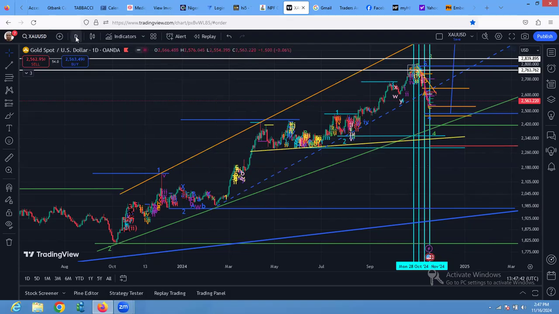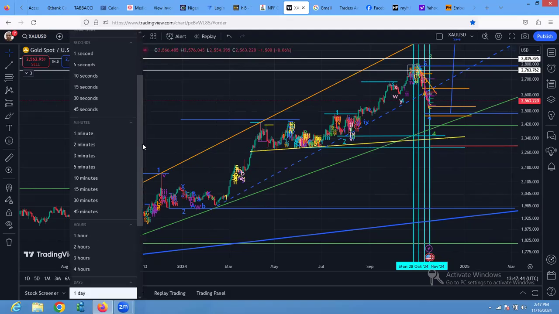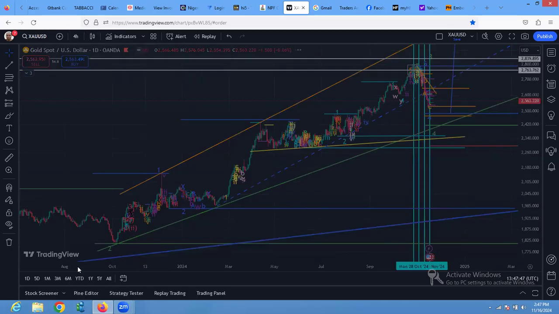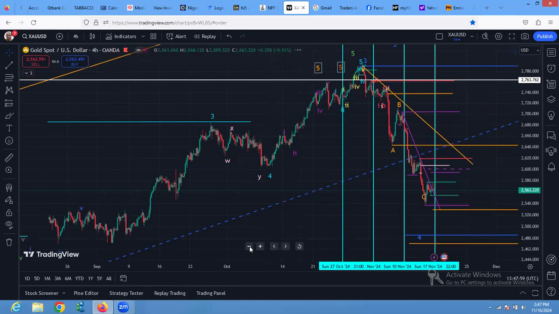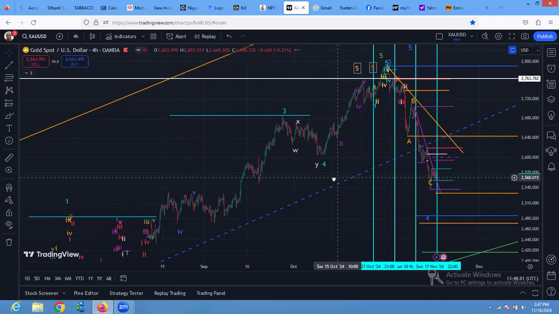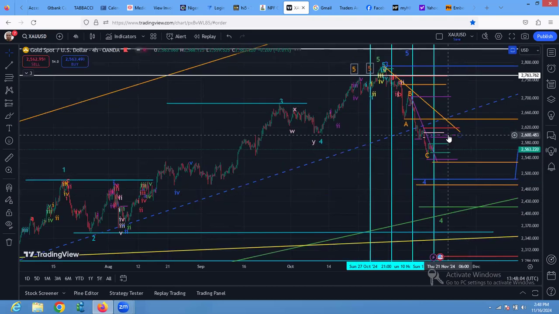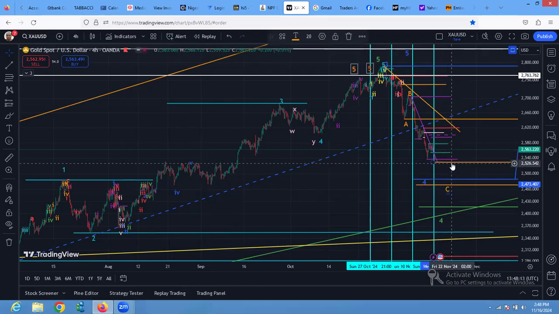But in the immediate, if we look at the 4-hour time frame, then we are saying that this area is 123 of the extension of AB to the C. We have broken 100, and this is 161.8, which is very close to this area of 2485.